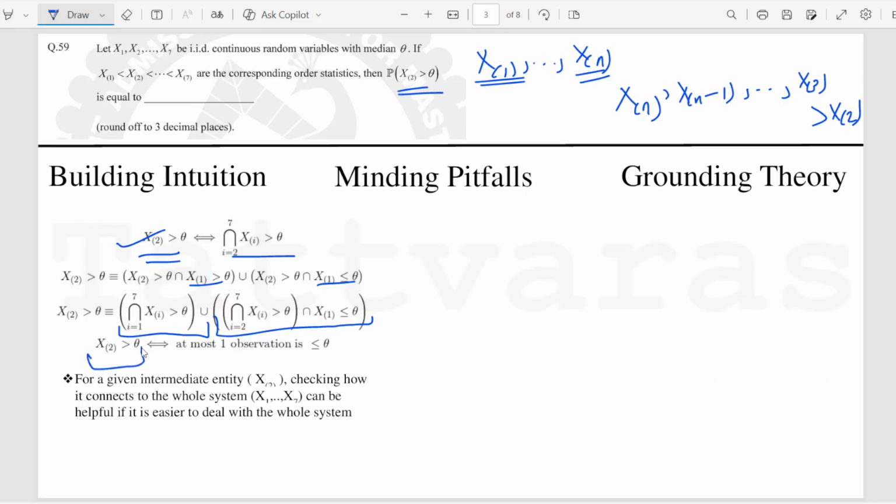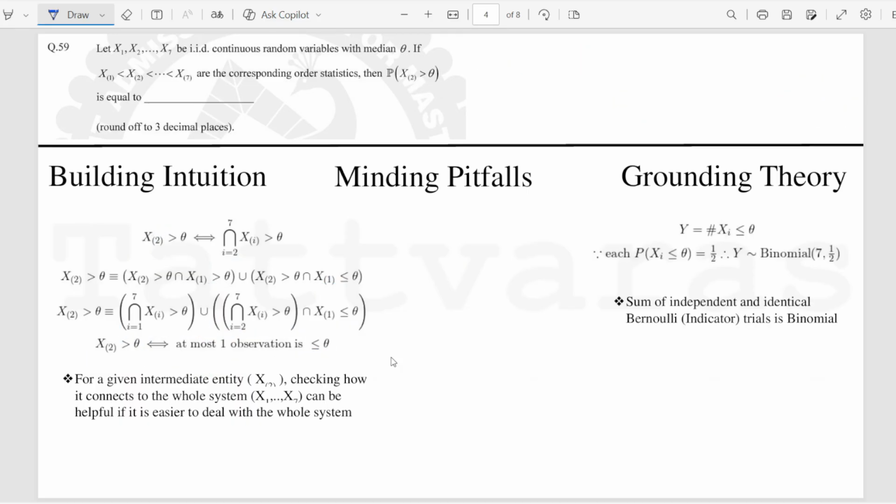So this helps us in redefining this event as the event that out of all the observations given to us, all the seven observations, at most one observation, which means either zero or one observation, can be less than or equal to theta. Once we have reached this alternate definition of the event, it gets easy because we can now define another variable which is a sum of indicator functions.